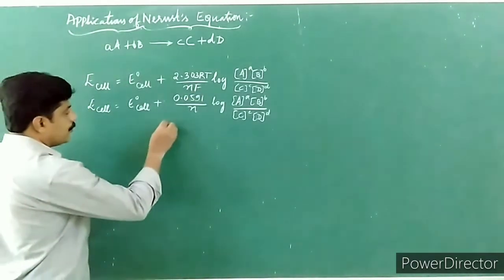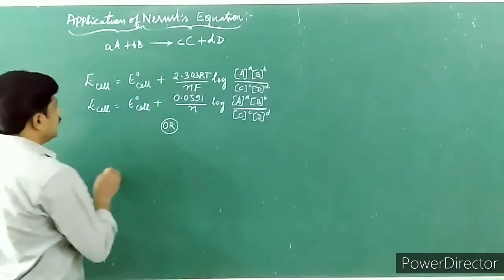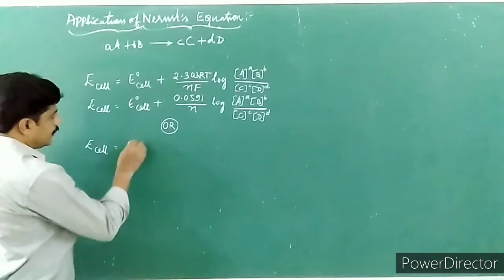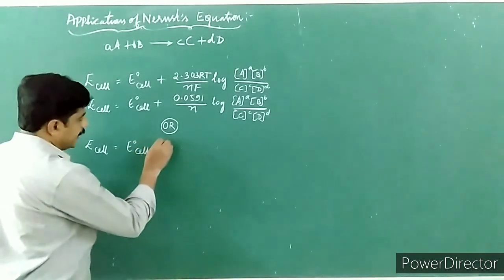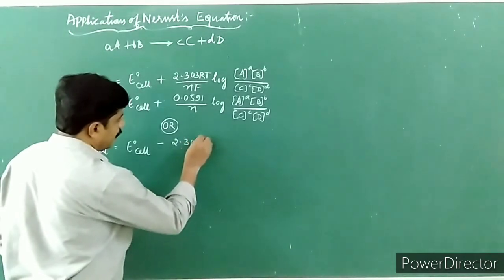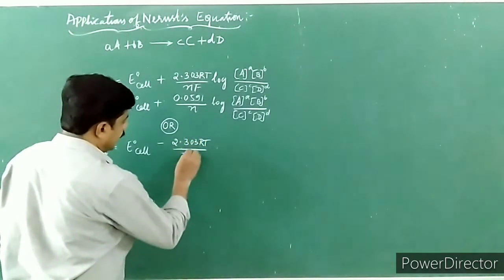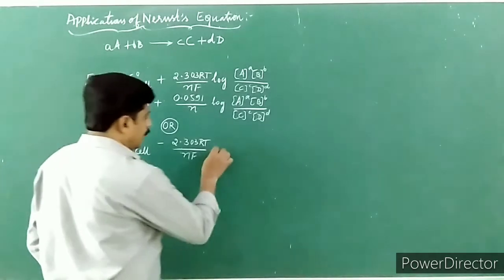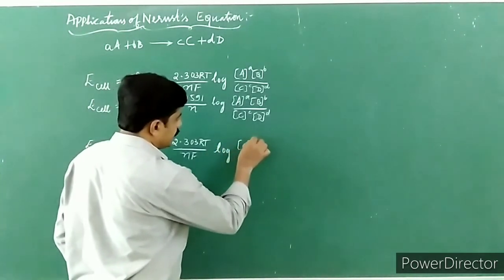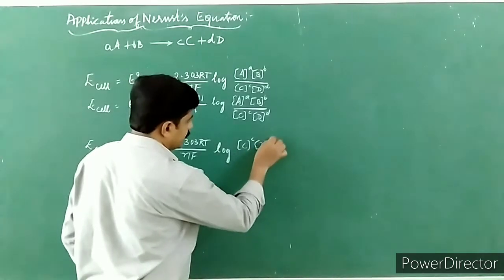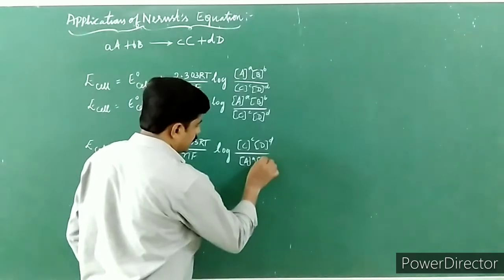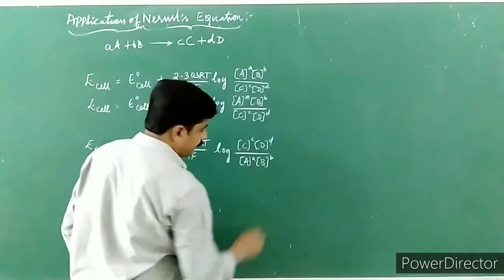And let me write one more method. Look at here, E cell is equal to E naught cell minus 2.303 RT upon nF log of, look at here, concentration of C raised to c, concentration of D raised to d upon concentration of A raised to a, concentration of B raised to b.